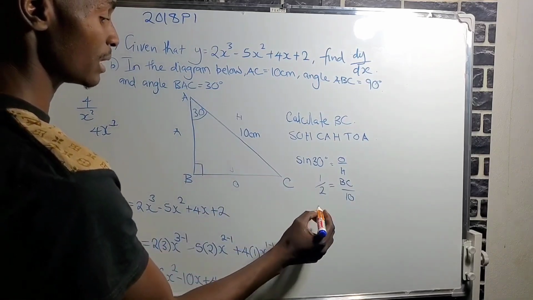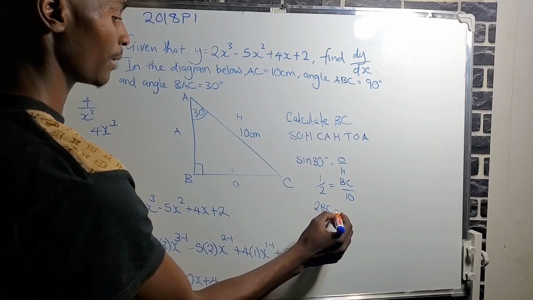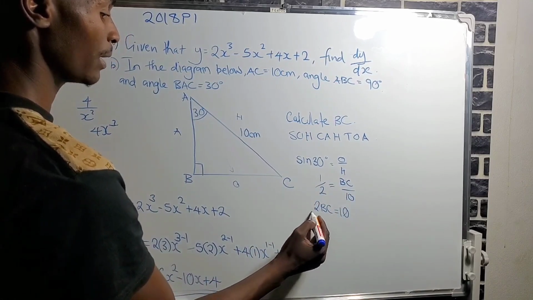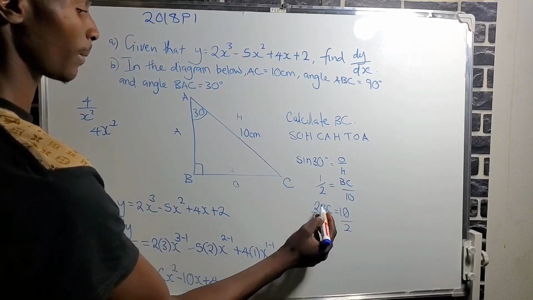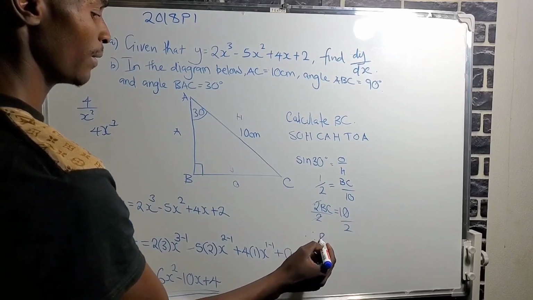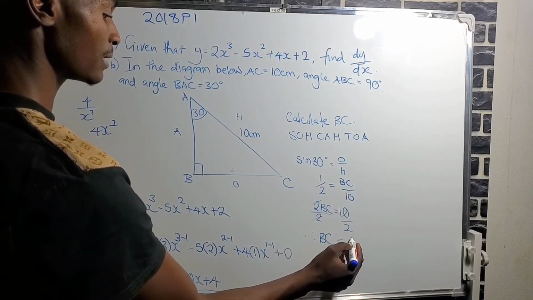2 times BC will be 2BC. 1 times 10 is just 10. Then you divide by 2 on both sides. These 2 and these 2 cancel. Therefore, BC is equal to 10 divided by 2, which is 5.